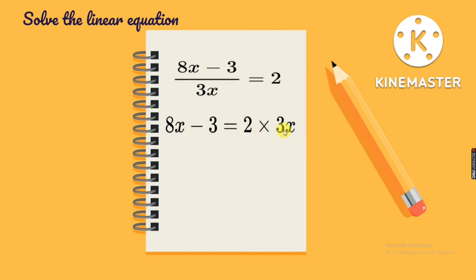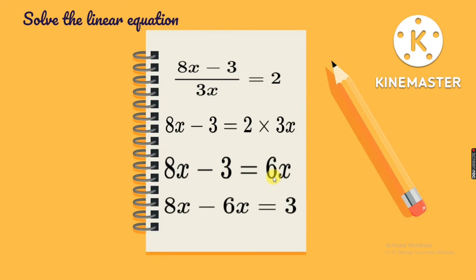Now we would transpose the terms with x to one side and constant terms on the other side. Multiplying 2 with 3x, we got 6x. So we got 8x minus 3 is equal to 6x. Transposing 6x to the left hand side, we converted it into the negative sign.